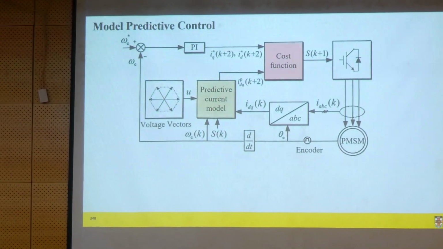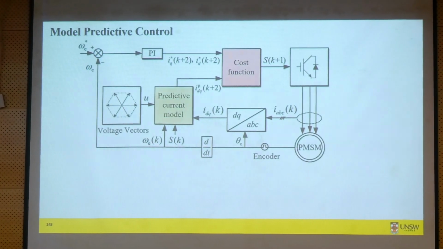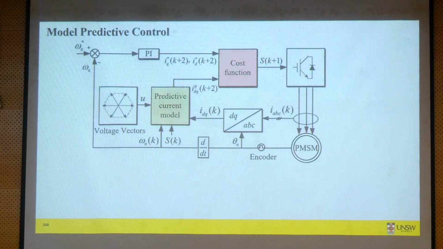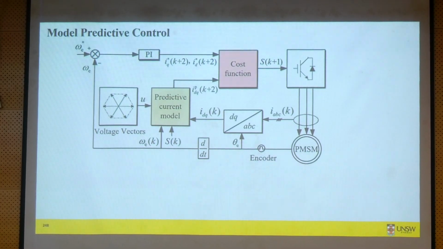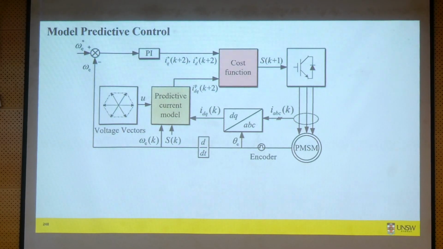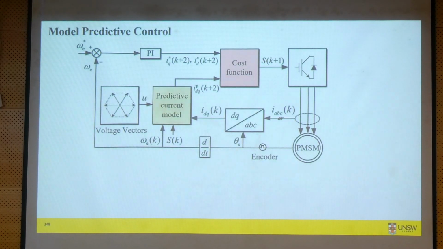And the last one we will be talking about tomorrow is model predictive control. Model predictive control is kind of new for PMSM, and in this type of technique the current is predicted, and using this predicted current, the switching signals are generated based on a cost function.